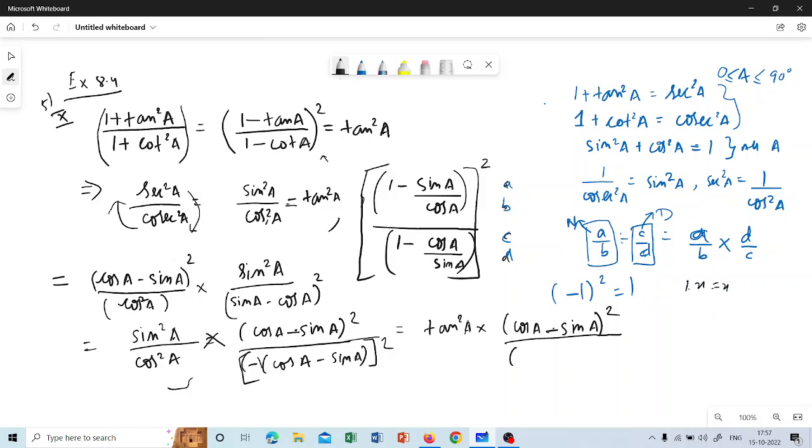Everyone knows it, but for the sake of it I am just reiterating it. Both these terms are the same, so I can cancel them out. The remaining is tan square A, which is equal to the RHS.